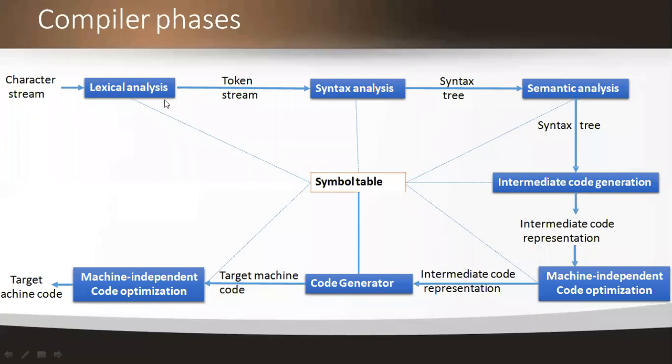Phase number 1 is the lexical analysis phase, phase number 2 is the syntax analysis phase, and phase number 3 is the semantic analysis phase. After taking the input from the syntax analysis in the form of a syntax tree and performing the operation of the semantic analysis, we again generate the output in the form of a syntax tree, in a meaningful manner.